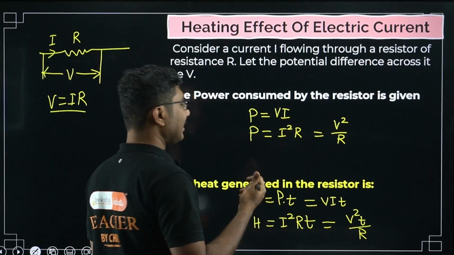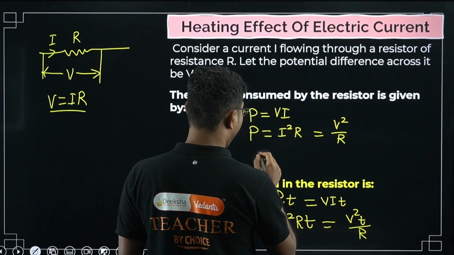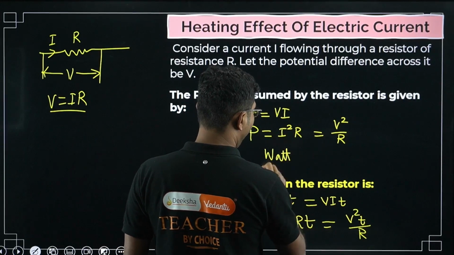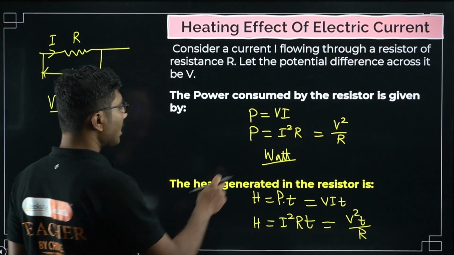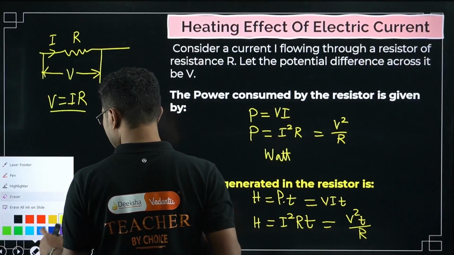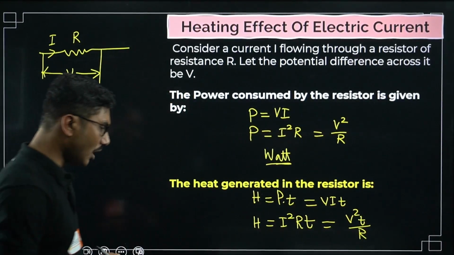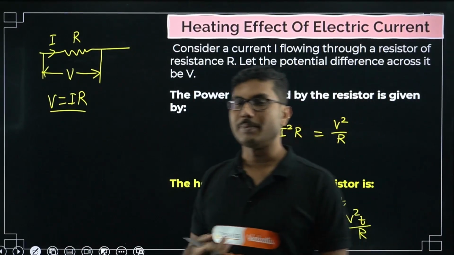Power is basically watt. The power consumed by a device is measured in watts, but for domestic purposes this unit is not sufficient. This gives you how much power it is burning per second, joule per second.